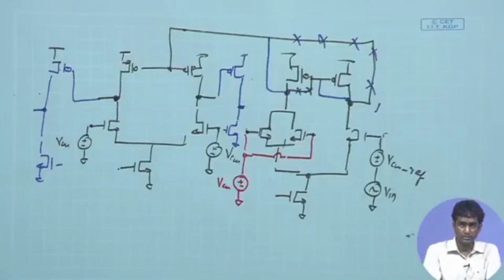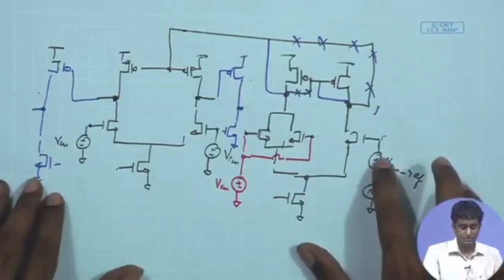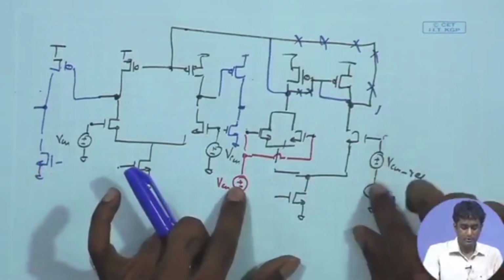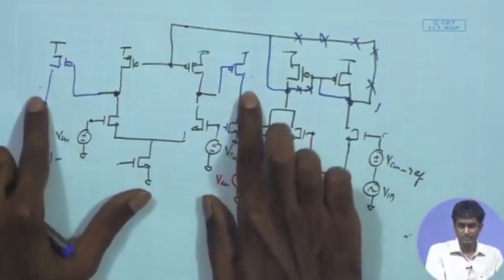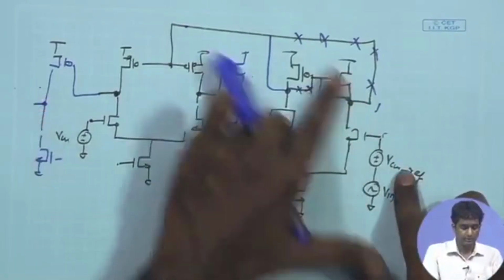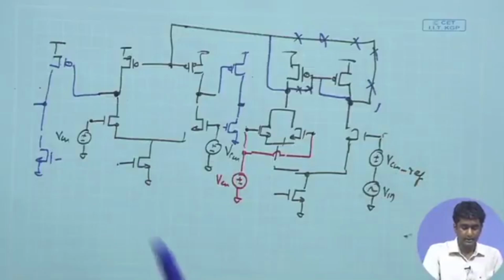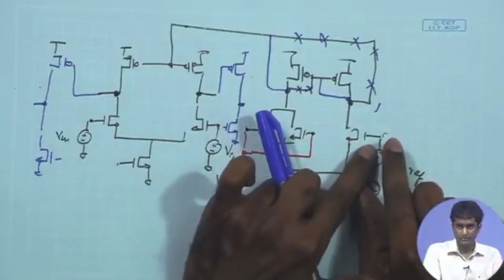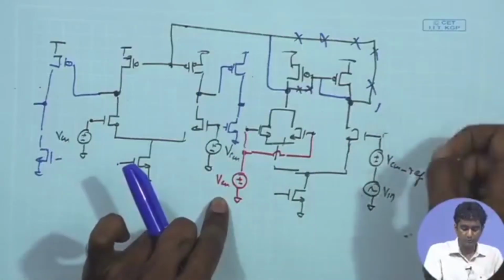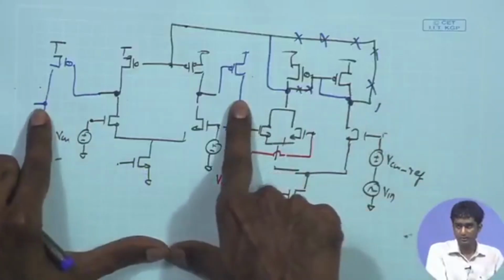Only thing is that if you are not giving it very precisely, the output can swing by a large fraction. In the feedback loop there is a negative feedback, and it will try to adjust by maybe a few millivolts or a fraction of a millivolt, so that the output comes close to the desired value.